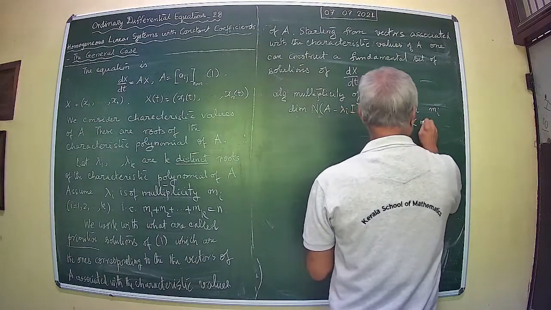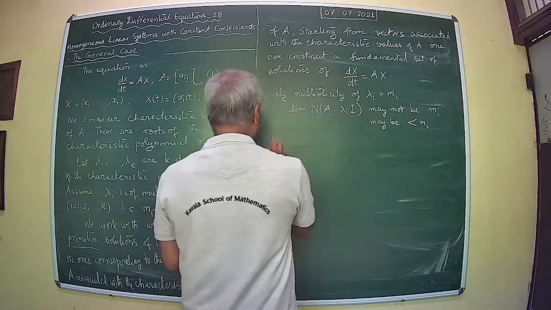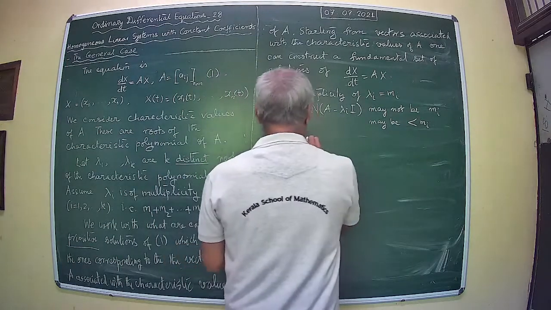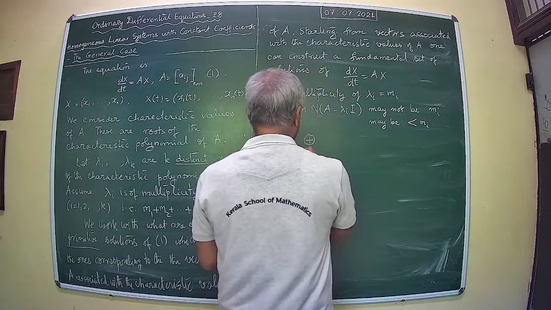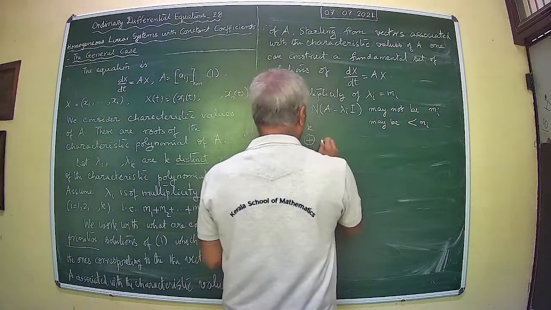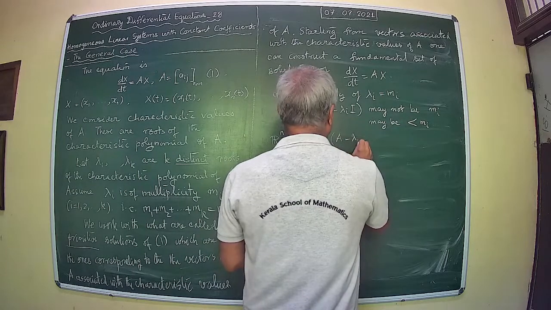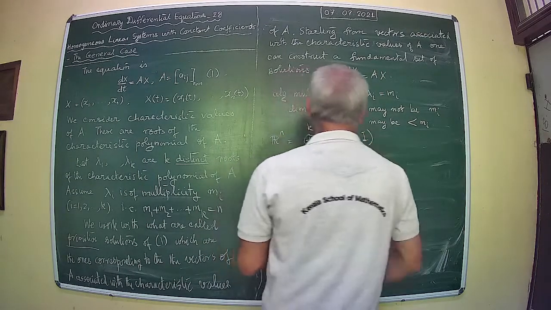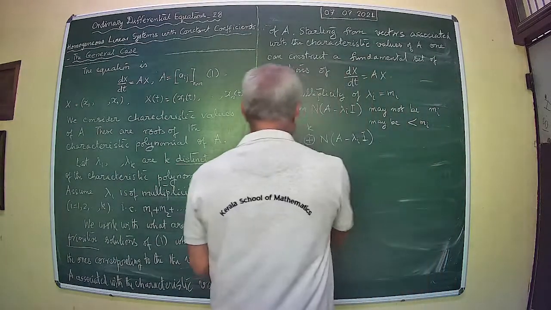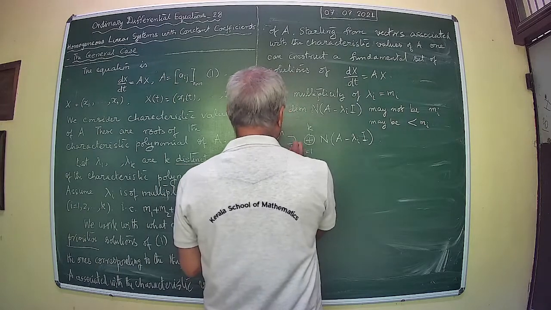Then the problem is this: you cannot break up Rn to be the direct sum, over 1 to k, of the null spaces of A minus lambda i I. This may not be equal.